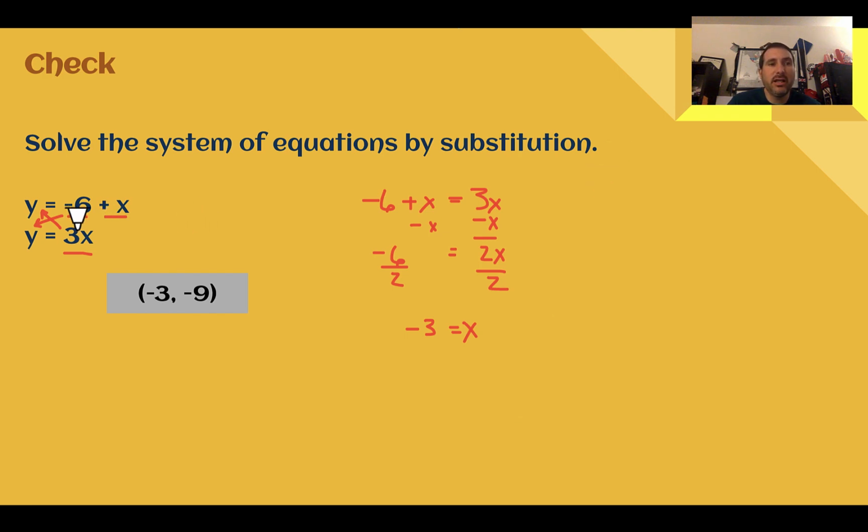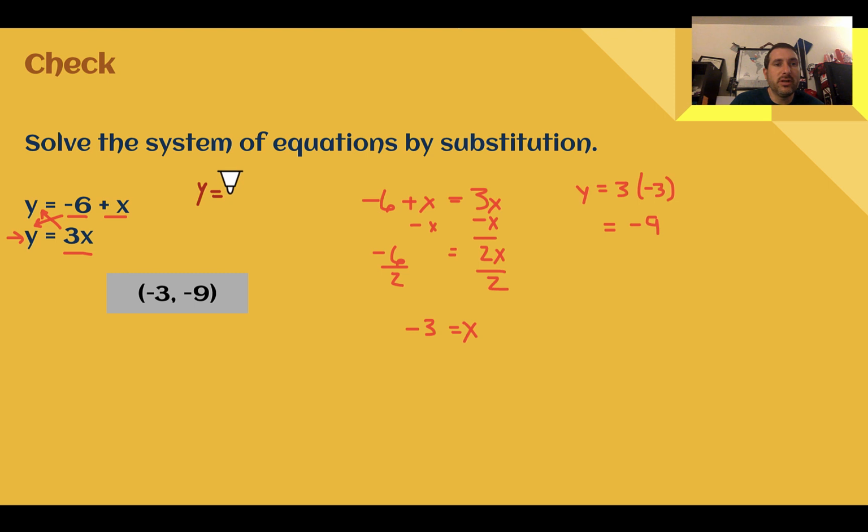Then if I plug it in, if x is negative 3, 3 times negative 3, I'm using this bottom equation here, 3 times x is y, so y is equal to that. 3 times negative 3, y was equal to negative 9. And I should double check in this top one. Since I used the bottom one here to figure out y, let's double check in the top one.